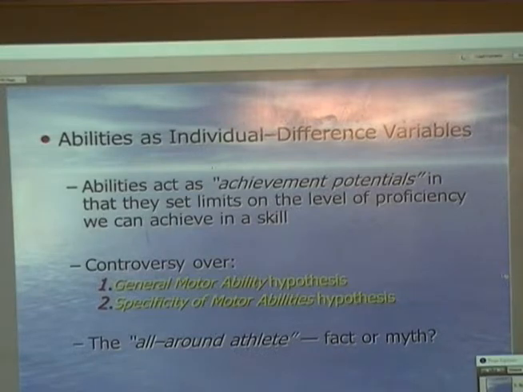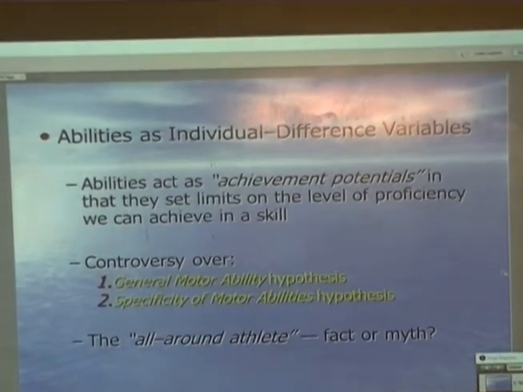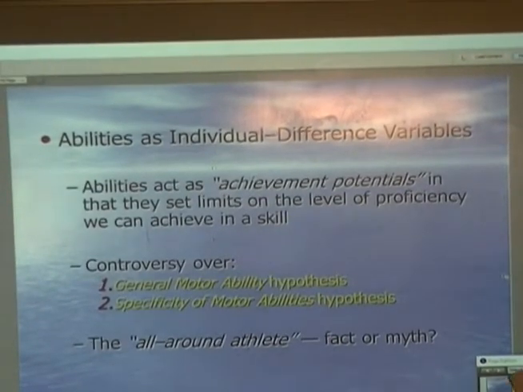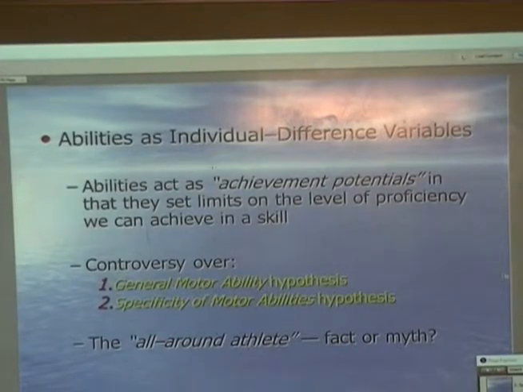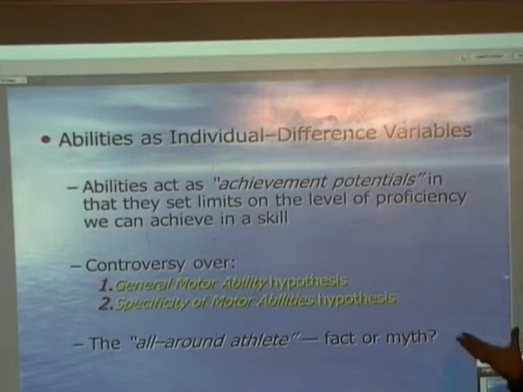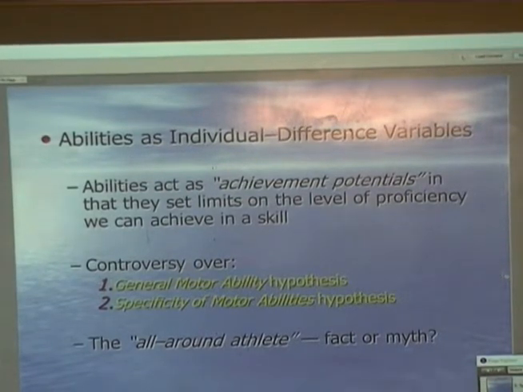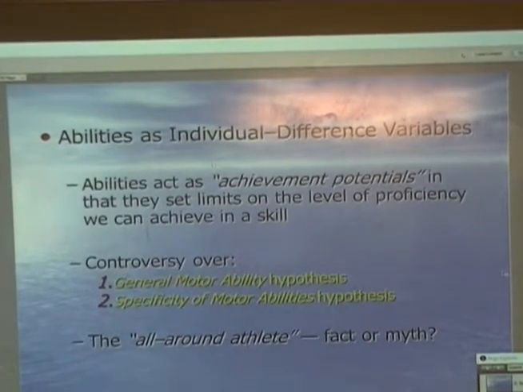And so people felt that there was just this one motor ability, and people either had it in spades or didn't have it in spades. But what we know is that that wasn't quite right, right? We actually have many, many different motor abilities, and we have different levels of each one, and they combine to give us our kind of potential for different movement skills.